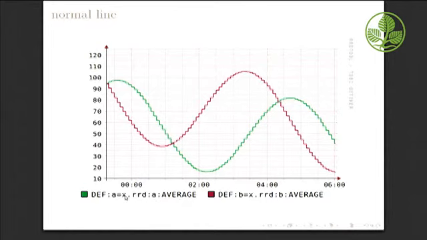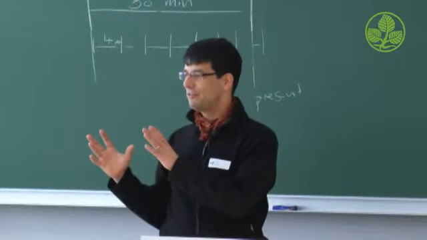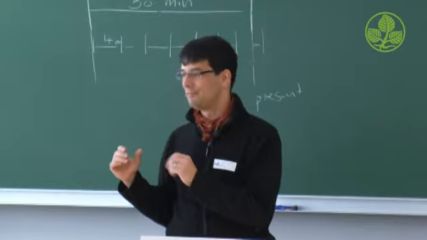Here I'm telling RRDgraph that I want data from the file x.rrd, and I want it from the data source A, and the data should be averaged. So RRDtool graph will use fetch to pull a round-robin archive holding average data.